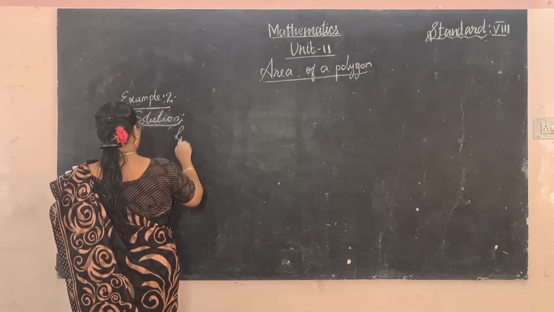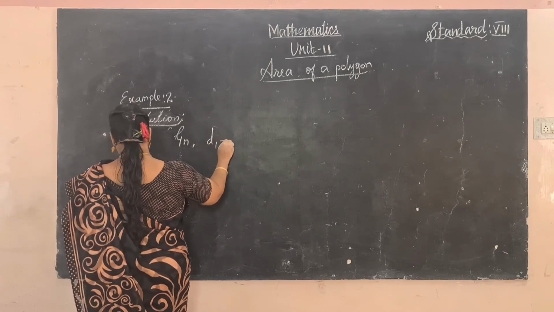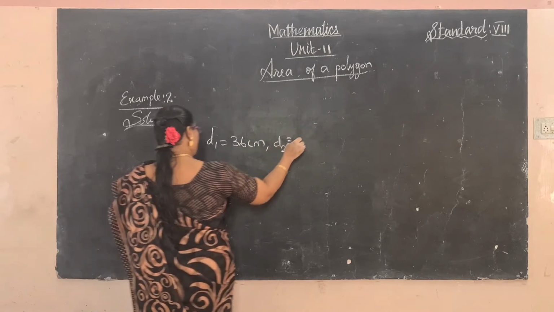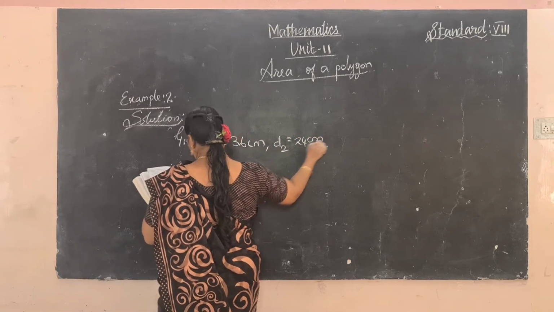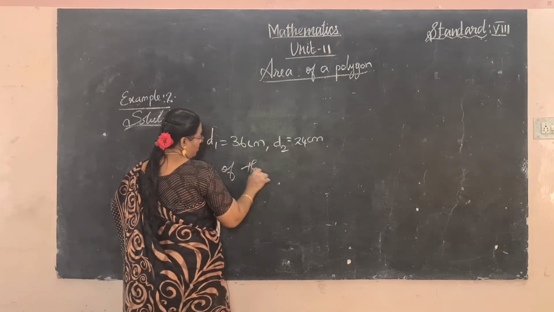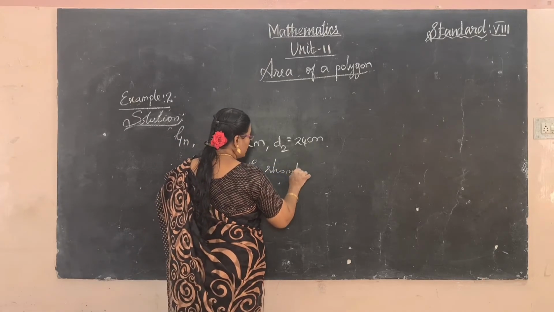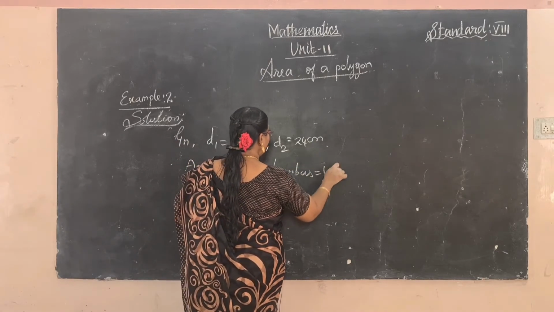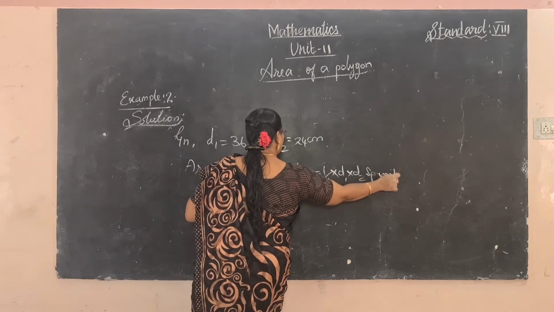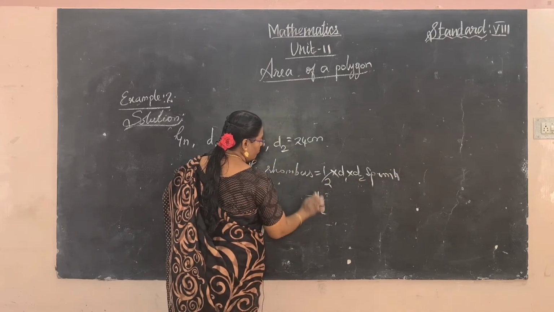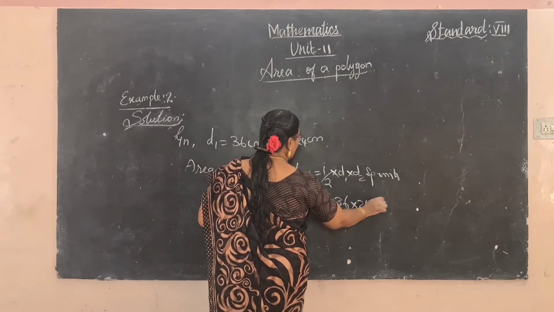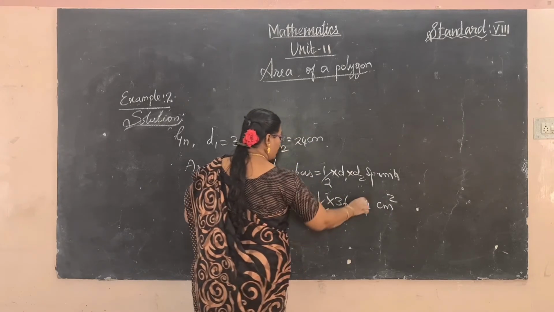So given d1 is equal to 36 centimeter, d2 is equal to 24 centimeter. Okay, so area of the rhombus is equal to half into d1 into d2 square units. So half, d1 value was 36 into d2 value was 24 centimeter square, 12.